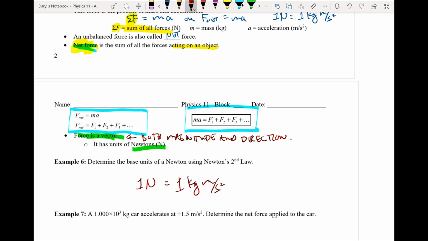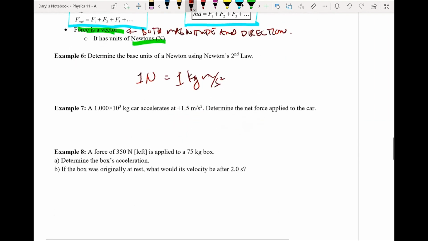Let's take example number 7. A 1.00 times 10 to the power of 3 kilogram car accelerates at positive 1.5 meters per second squared. Determine the net applied force. It doesn't specify the direction, so let's say the car is moving to the right, and I use to the right as my positive direction.